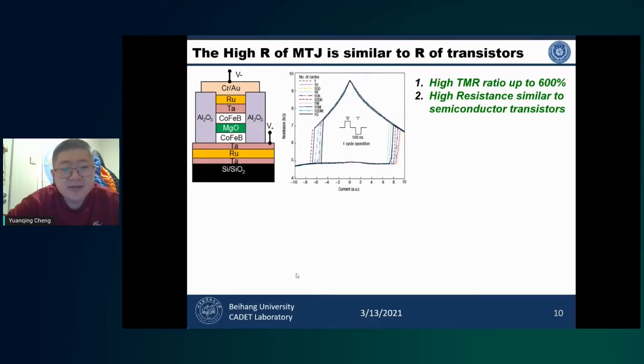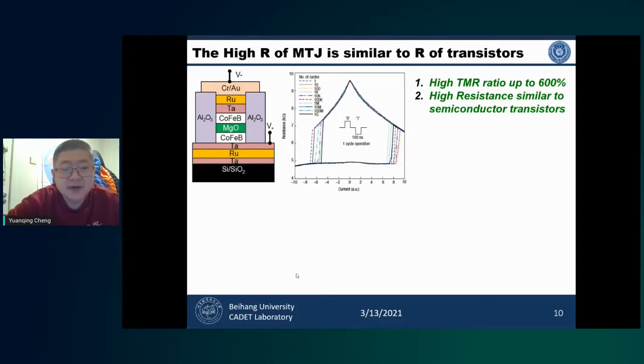As we can see in the middle figure, it has two distinctive resistances. The high resistance is called the anti-parallel state of the MTJ, and the low resistance is called the parallel state of the MTJ.